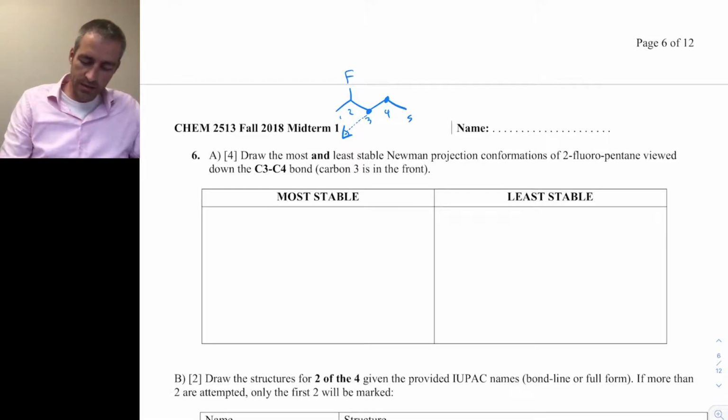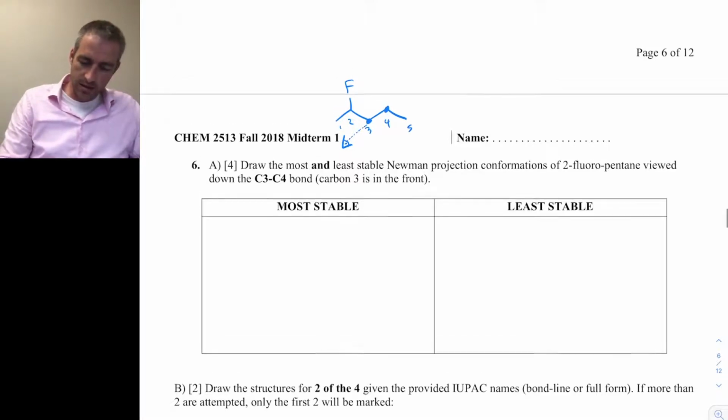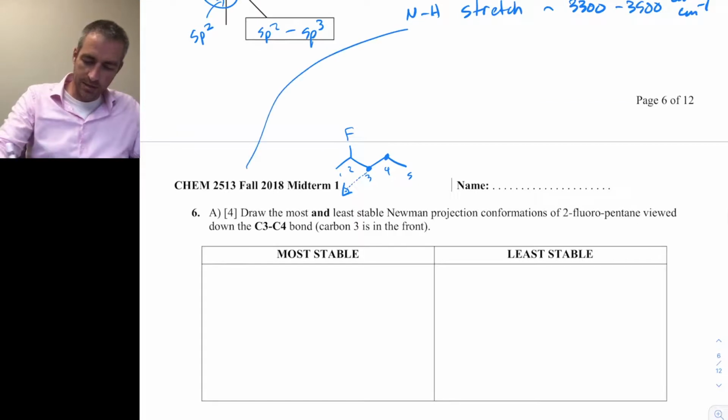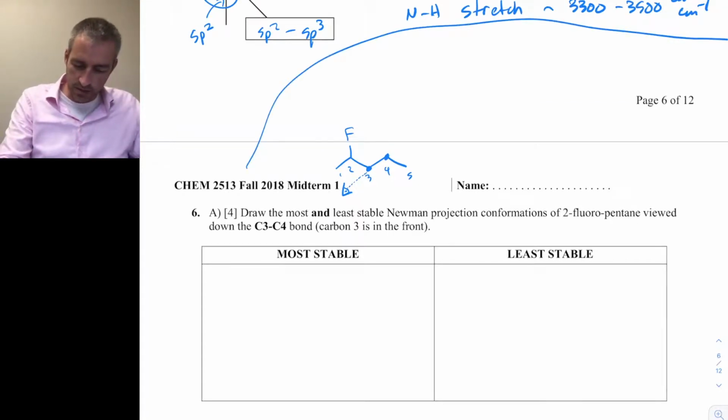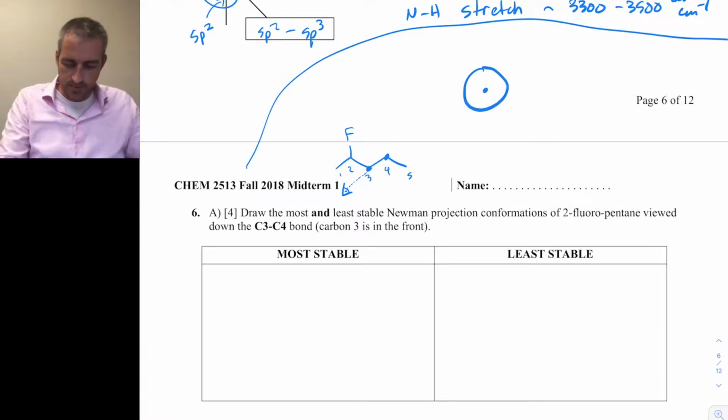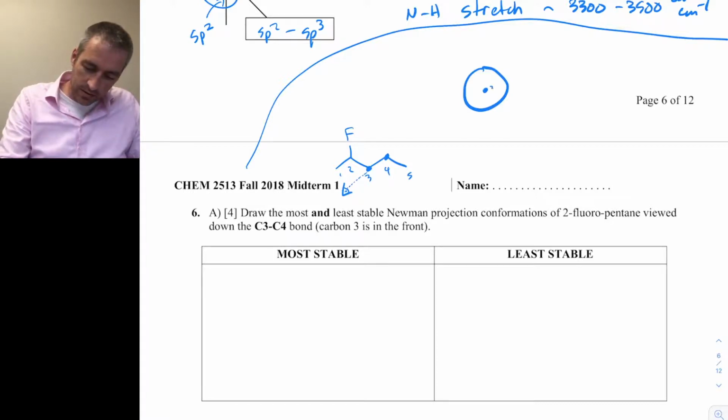So what that means is looking at conformation. I'm going to take a little bit of space up here before I write my final answer in the space given. That means the back atom is a circle, the front atom is a dot. So on the front atom, which is carbon-3, big atom is 4, 3 also has 2 hydrogens.